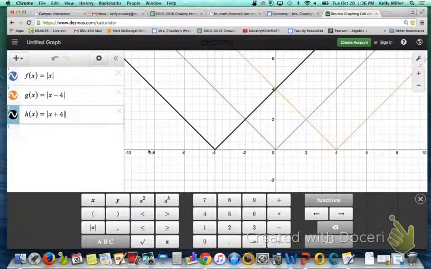Let me give you a quick example to do without having to graph it. Example: describe the transformation from f to g. f of x is equal to the square root of x. g of x is equal to the square root of x minus 3 plus 2.